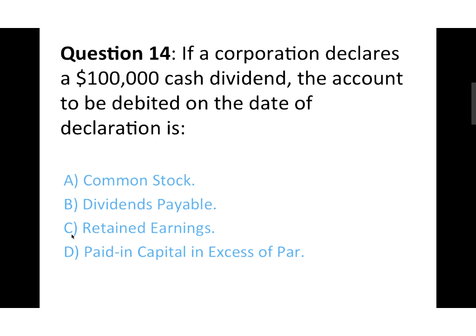Another question. If a corporation declares a cash dividend, go back in your notes to declaring a dividend. So when we declare a dividend, the date of declaration, what are we going to be debiting? This is just simply looking back at the journal entry for declaring a dividend.